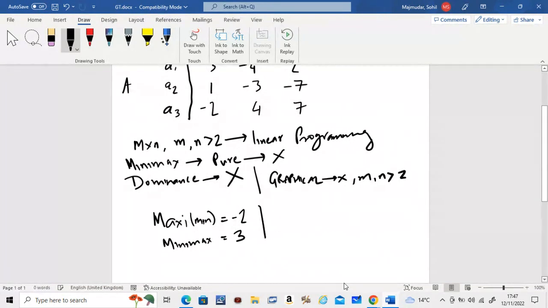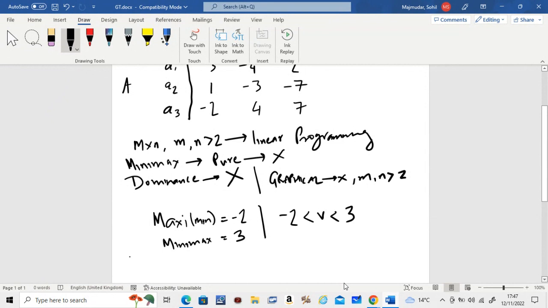So now keep this in mind. If this happens, the final value of the game will always lie between -2 and 3. So it will always lie between maximin and minimax.